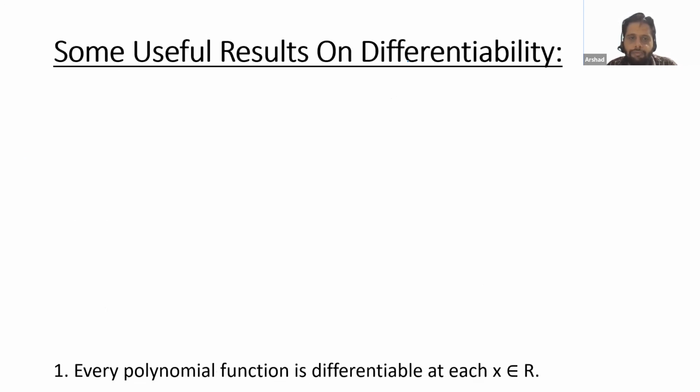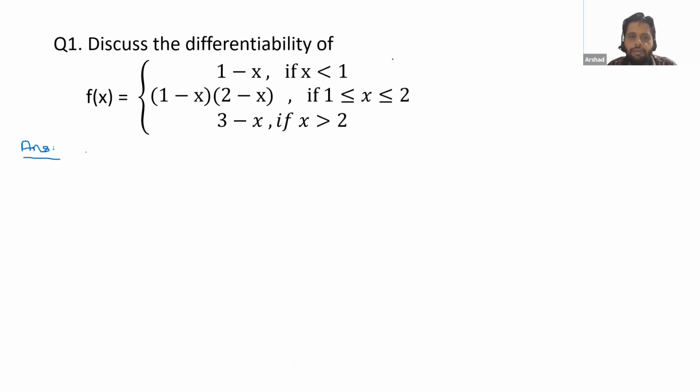Now, if we check this question, here they are saying discuss the differentiability of the complete function. In the previous questions, they asked us to check the differentiability at a particular point. Yesterday's questions clearly asked us to check the differentiability at a particular point.